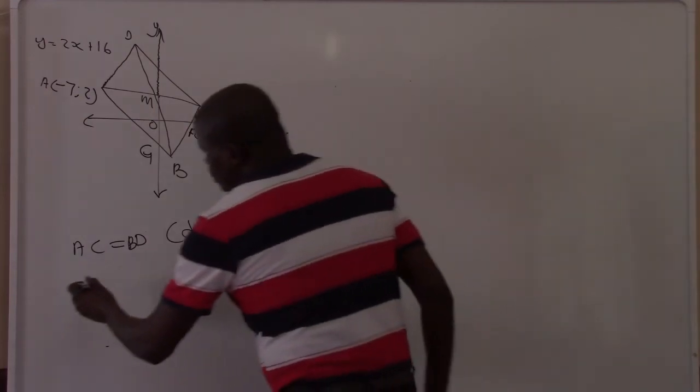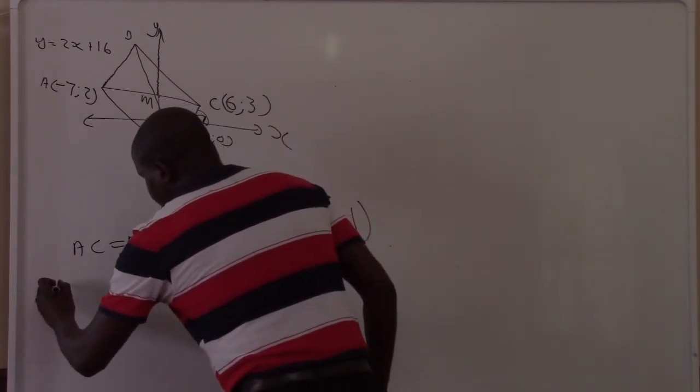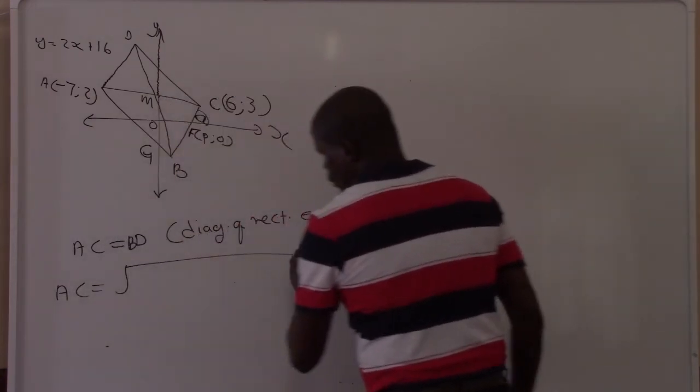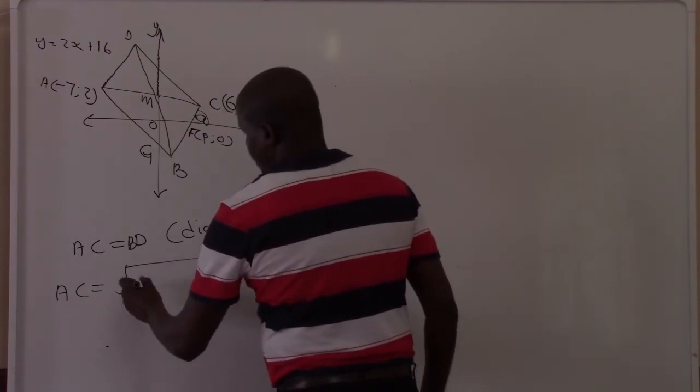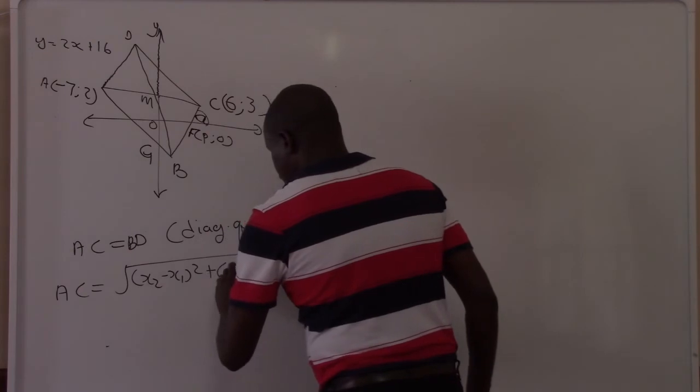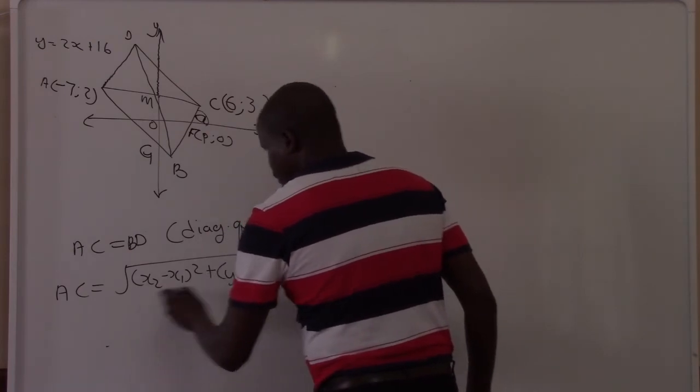So therefore we say the AC, because that one at least we know everything about it, we use that formula: x2 minus x1 squared, y2 minus y1 squared.